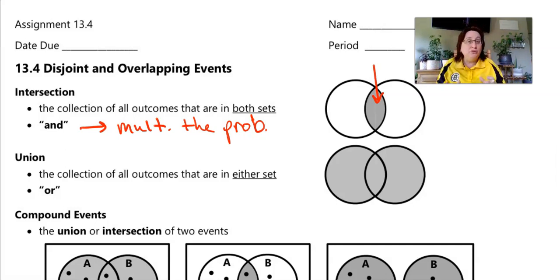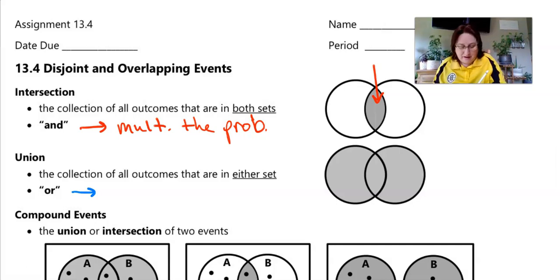The union is the collection of all outcomes in either set. Do you see the keyword "or"? Whenever you see the keyword "or," it's like, what is the probability that you draw a king or a heart out of the deck? There are two things, and we want either of those to happen.